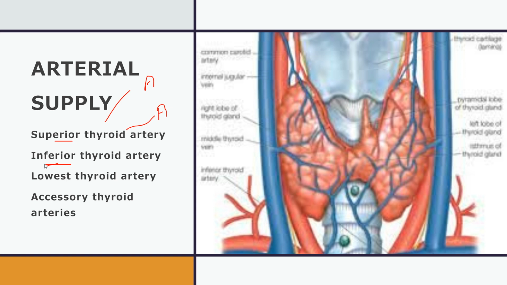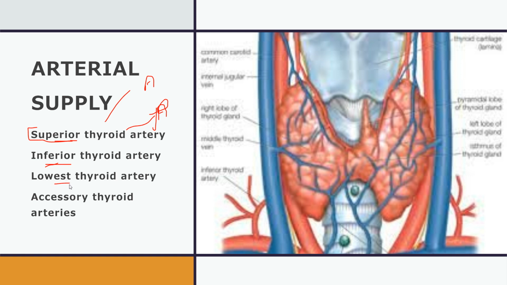Next, there are 4 to 5 glandular branches which pierce the fascia separately to reach the lower part of the gland. One ascending branch anastomoses with the posterior branch of superior thyroid artery. So this anastomosis we mentioned earlier. Then it supplies the parathyroid glands.